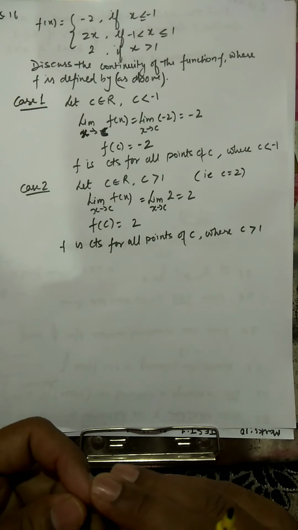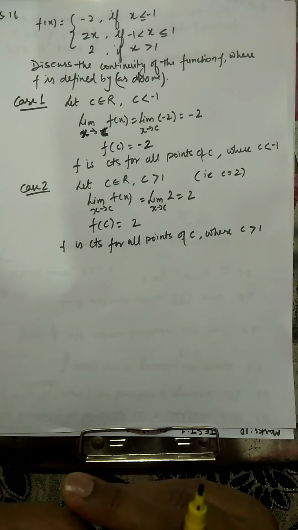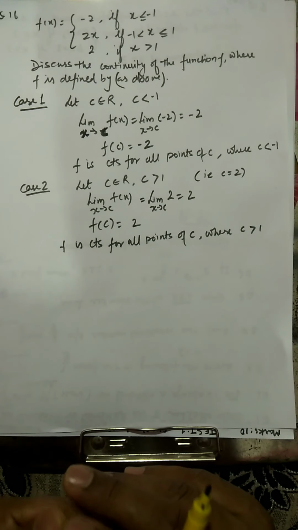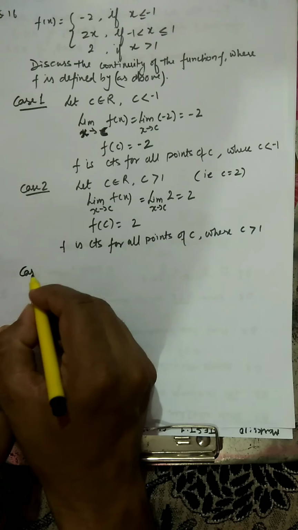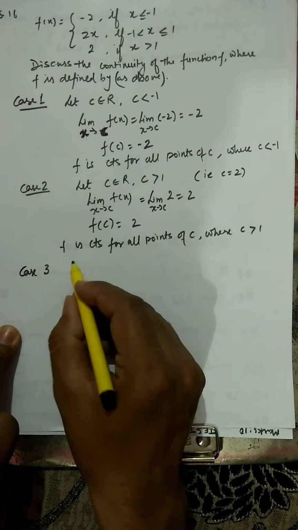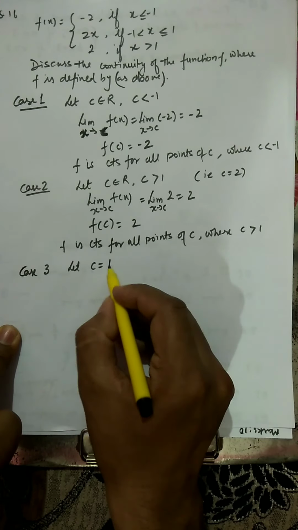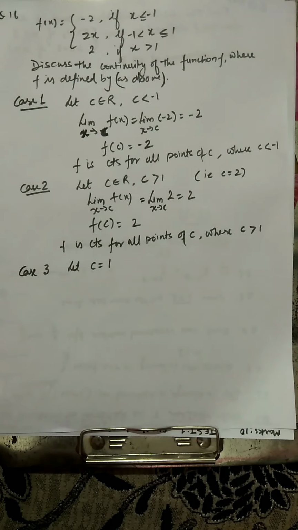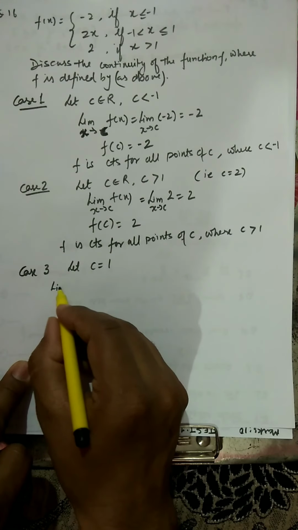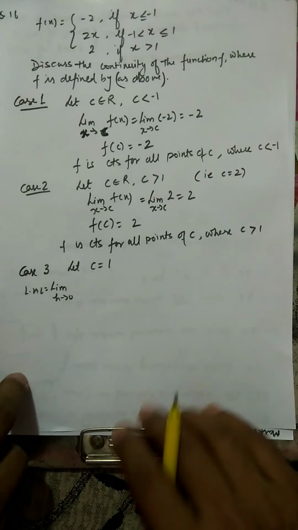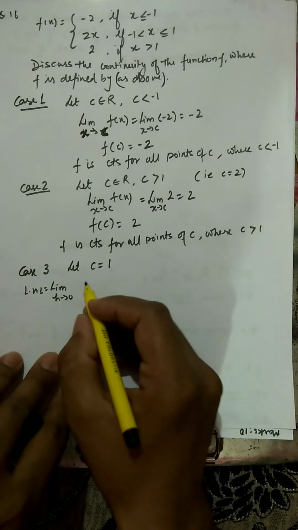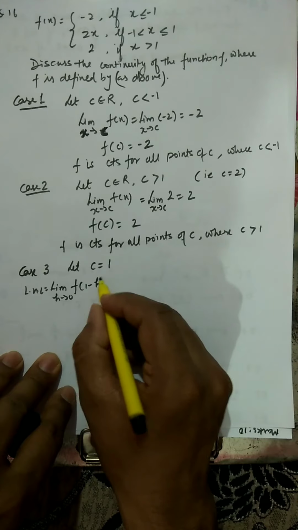But now case number 3, where I'll take c equal to 1, and case number 4 where I'll take c equal to -1, are the points where f can be discontinuous. So let's say case number 3, let c be equal to 1. I'm first calculating the left hand limit. My left hand limit will be limit h tends to 0 of f(1 - h).